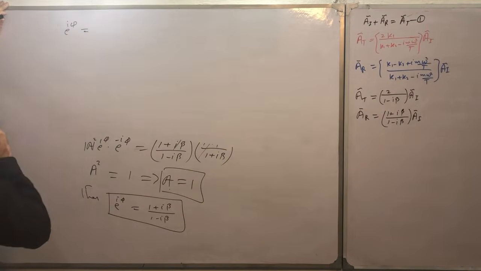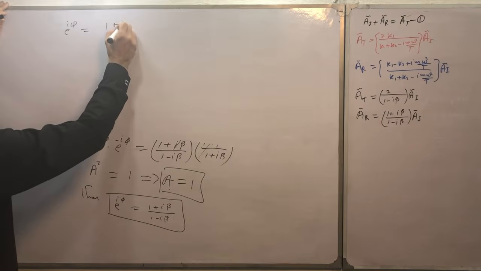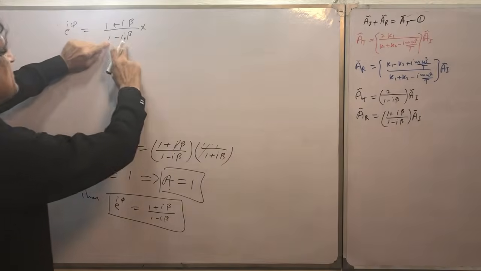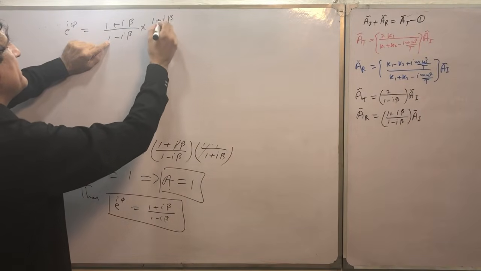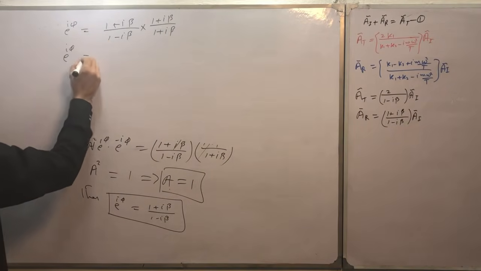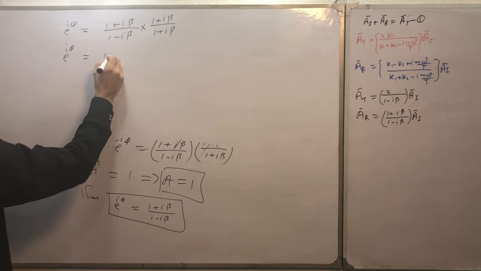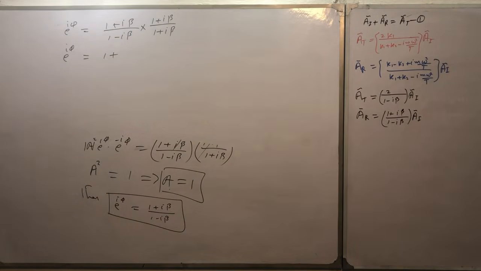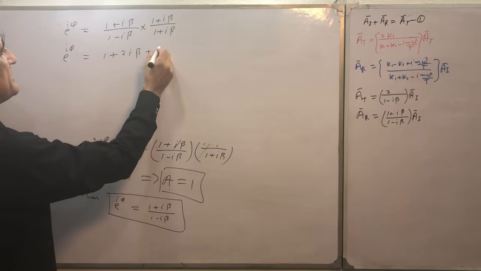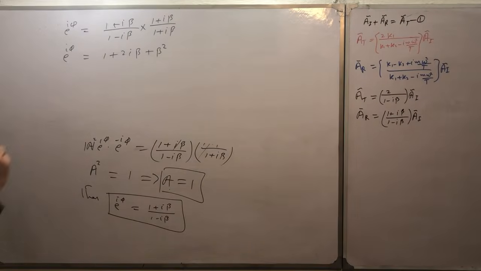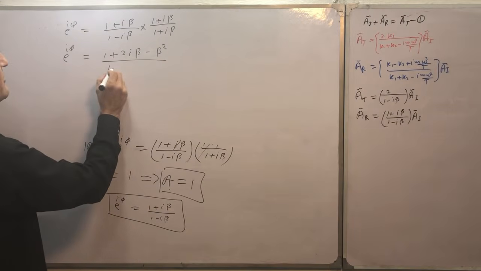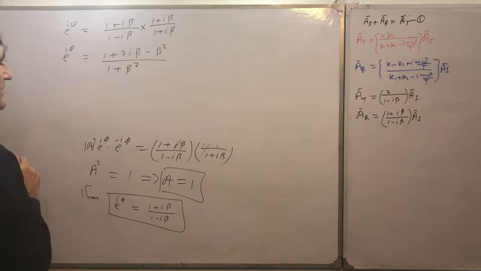e to the power iota phi is equal to 1 plus iota beta over 1 minus iota beta, and take the conjugate, 1 plus iota beta over 1 plus iota beta. Then e to the power iota phi will be equal to 1 plus 2 iota beta, plus beta square times iota square, which gives minus beta square, over 1 plus beta square.